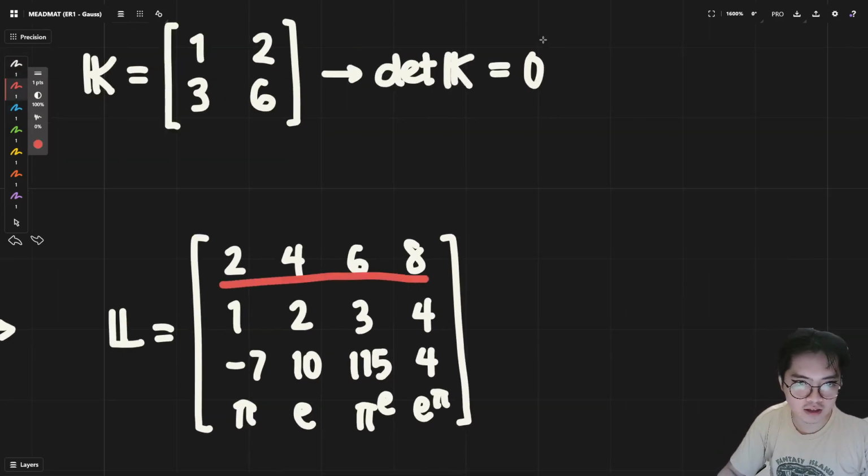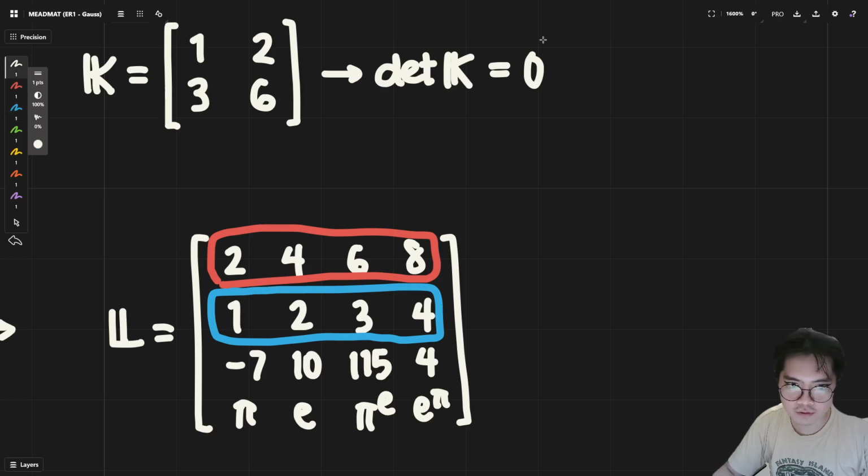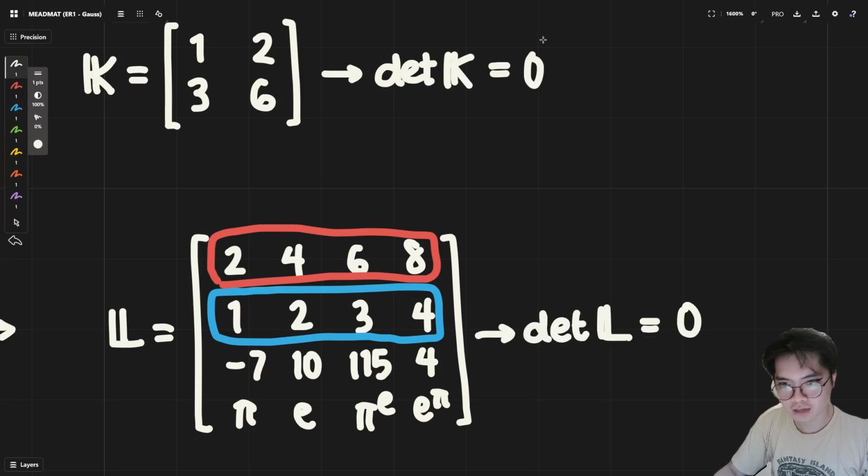You detected that there was a 2, 4, 6, 8 and a 1, 2, 3, 4. The determinant for this thing is 0. I can try it out with the calculator right here.